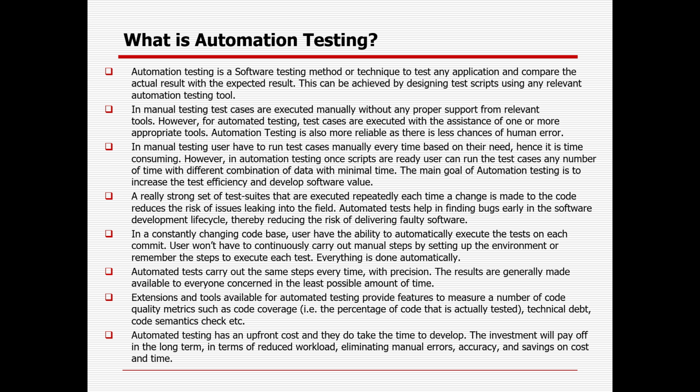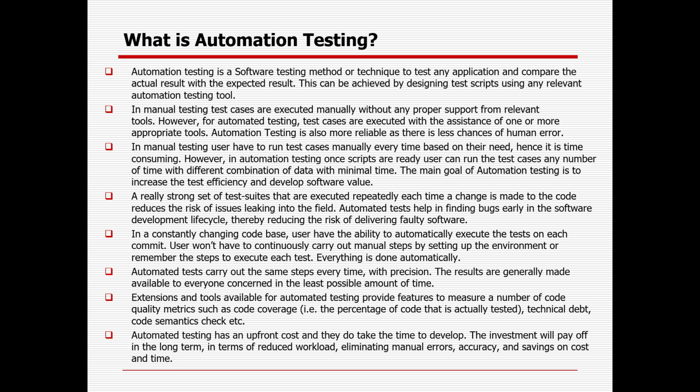However, in automation testing, once your scripts are ready, the user can run the test cases any number of times with different combinations of data in minimal time. The main goal of automation testing is to increase test efficiency and improve software value.